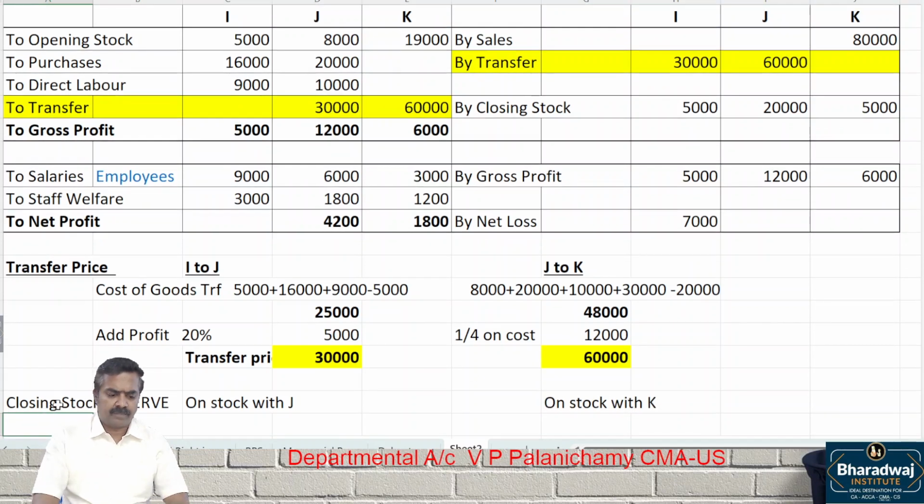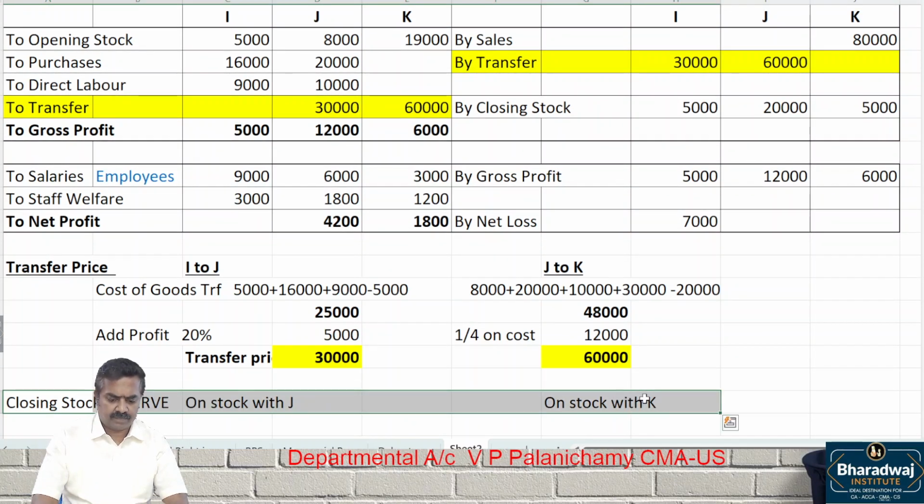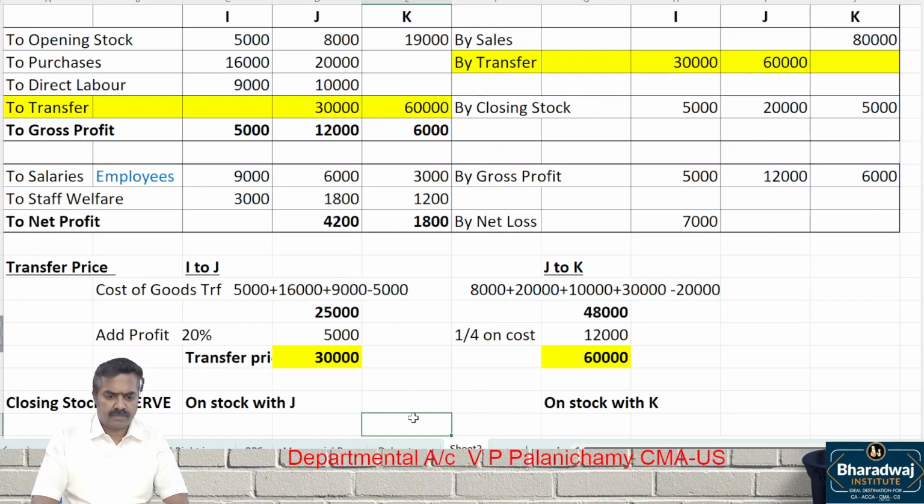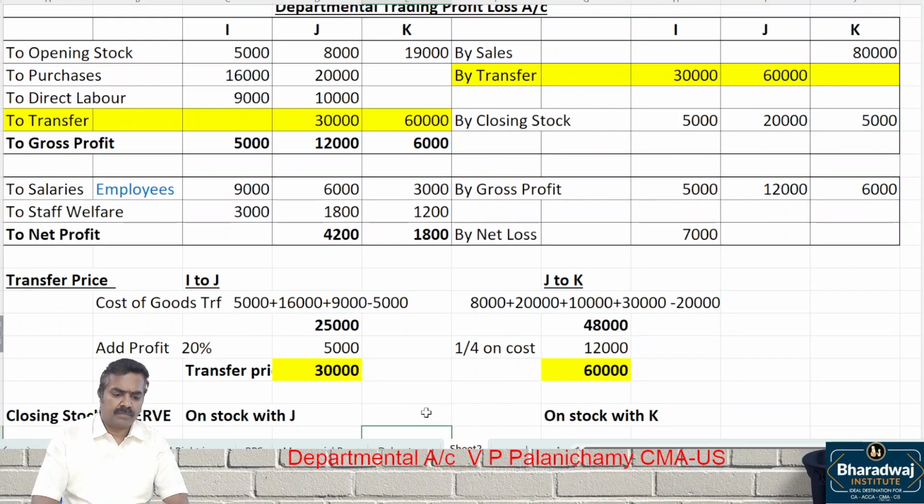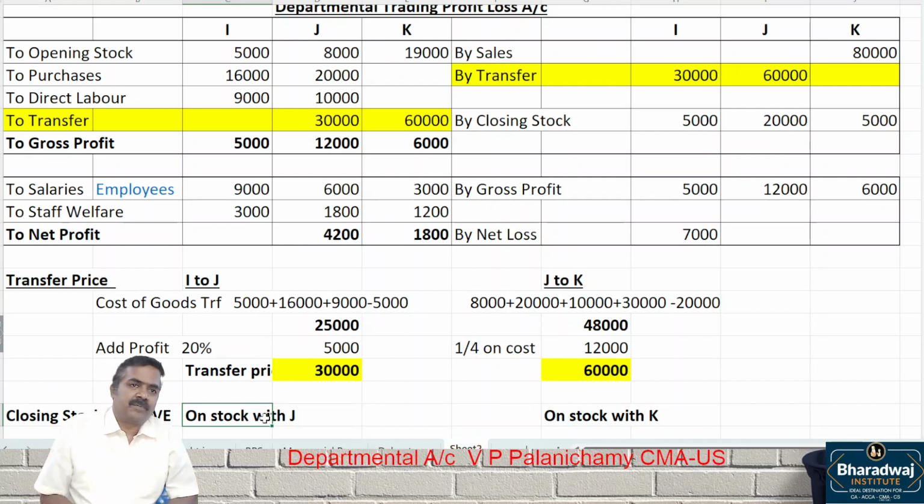சார் இந்த கொஸ்டின் ஆனா ஆரம்பத்துல வந்து ஐக்கும் ஜேக்கும் ஓபனிங் சார் காமிச்சிருக்காங்க. ஐக்கு எப்படி சார் பாசிபிள்? Simple. Who transferred the stock? ஐ டு ஜே. So who charged the profit? ஐ தான் ப்ராஃபிட். That is the profit charged on I to J. Second one is the profit charged on J to K. But stock is with other department.